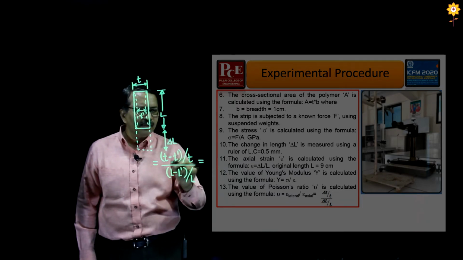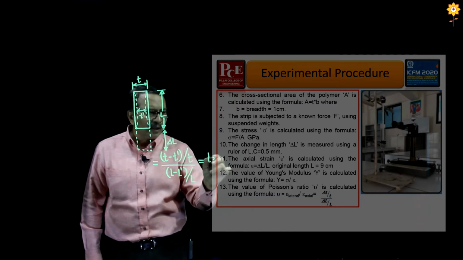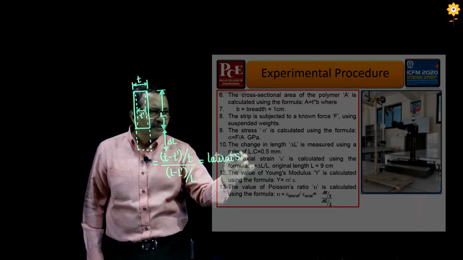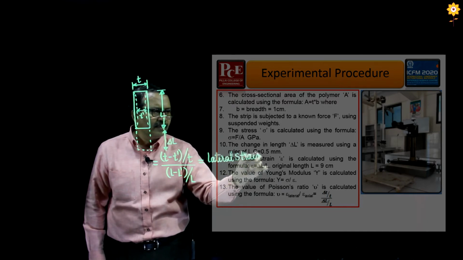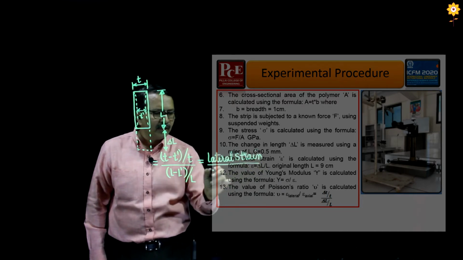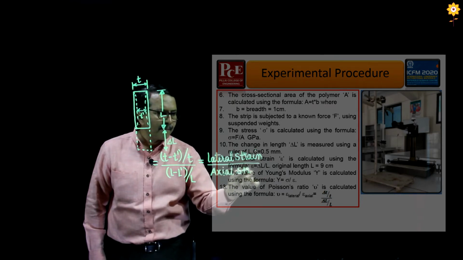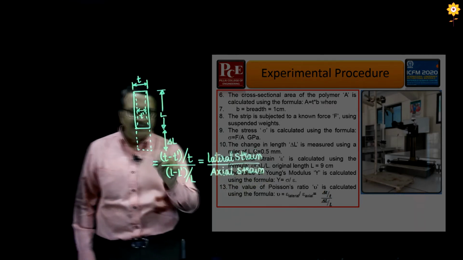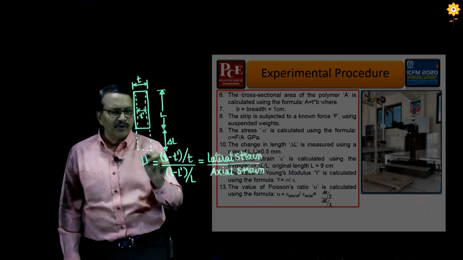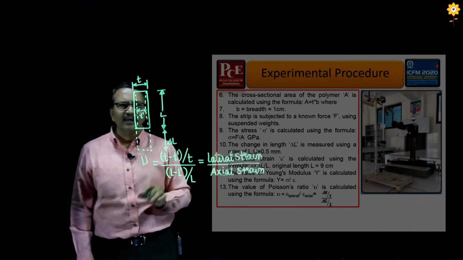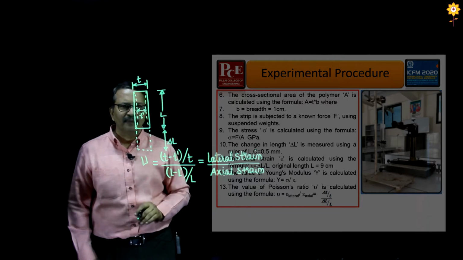This is nothing but your lateral strain divided by your axial strain, and this is nothing but your Poisson's ratio. So this is one way of finding out the Poisson's ratio.